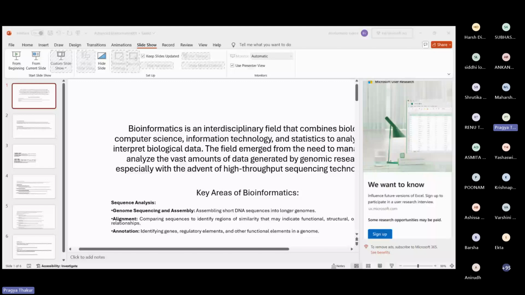Sequence analysis is an important area considered inside bioinformatics.